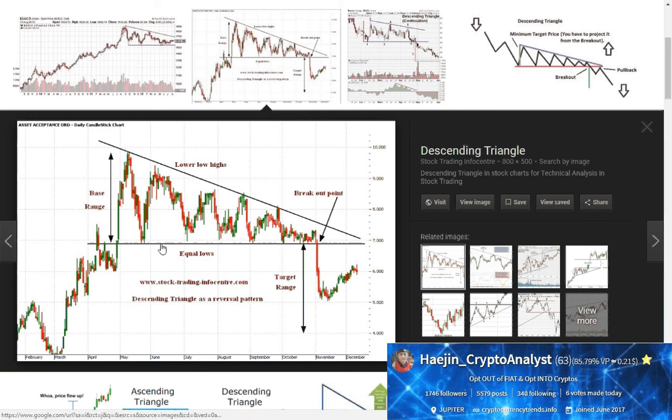In this case, I would not label this as an ABCDE, but rather I would label it as a WXY type of correction.